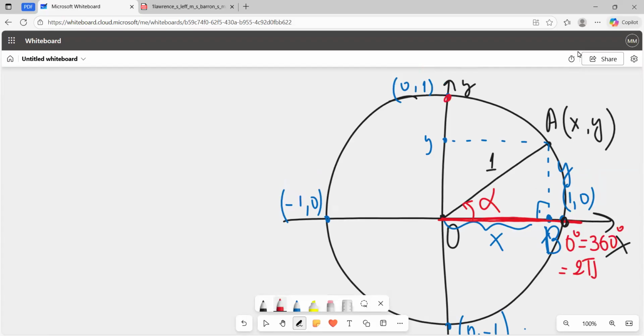And angle in this point is equal to 90 degrees or pi divided by 2, and angle in this point is equal to 180, and in this point, versus 270, which is equal to 3 pi divided by 2. Okay.